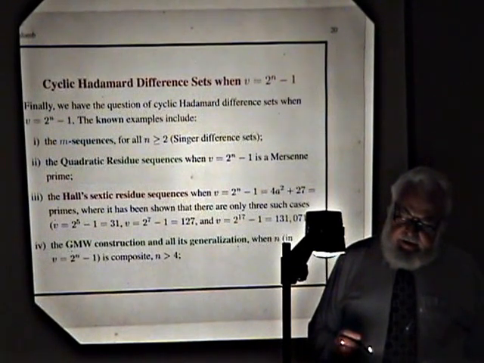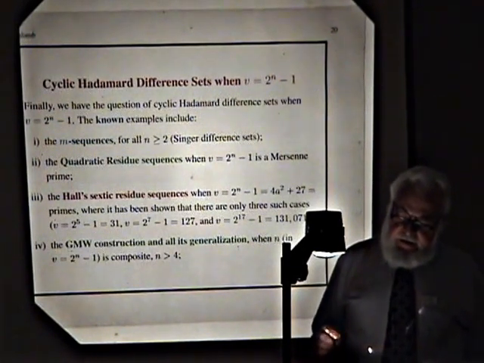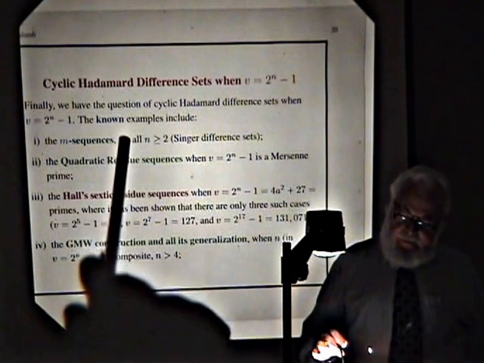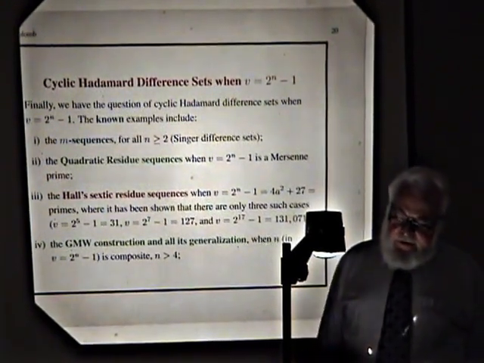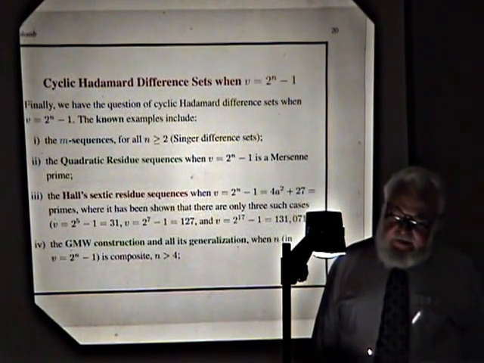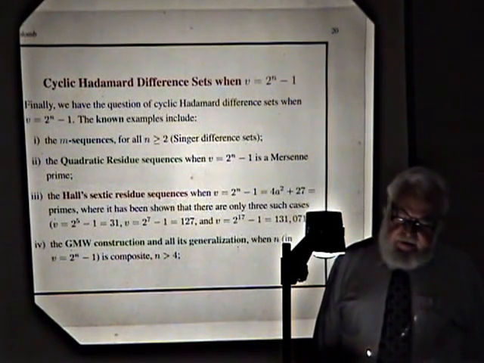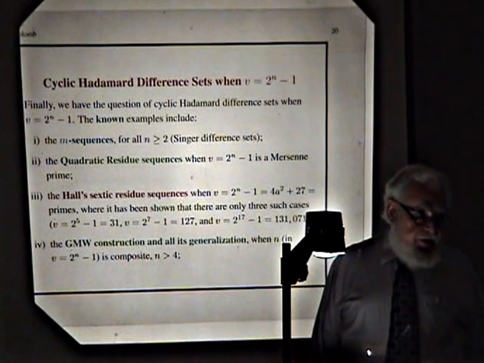The first new construction, sort of beyond these, was the Gordon-Mills-Welch construction, and I believe this resulted when they did an exhaustive search of period 63.